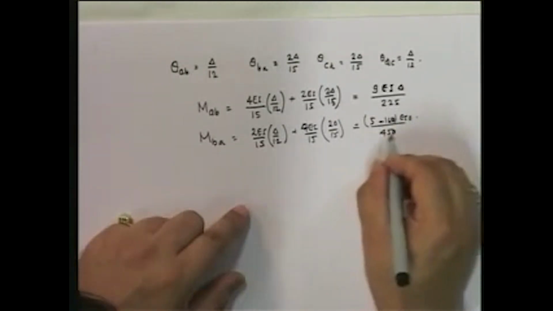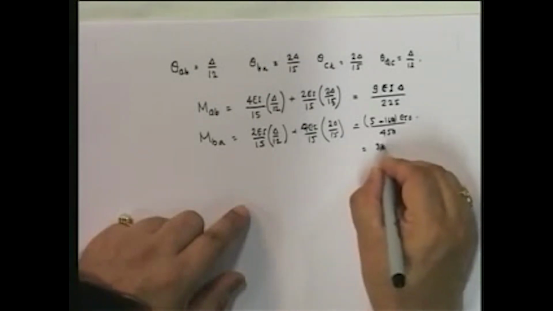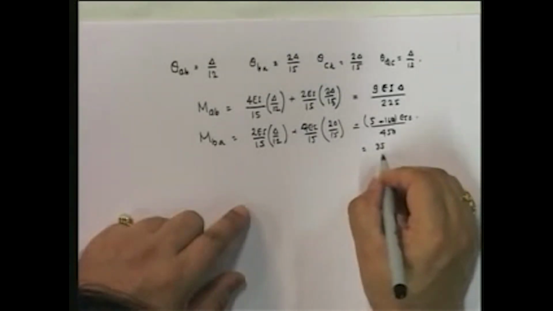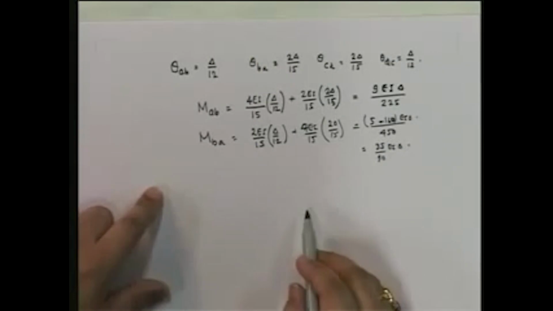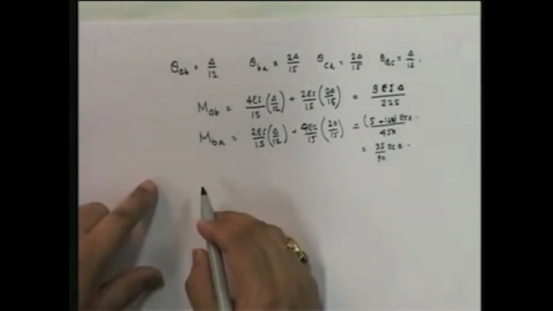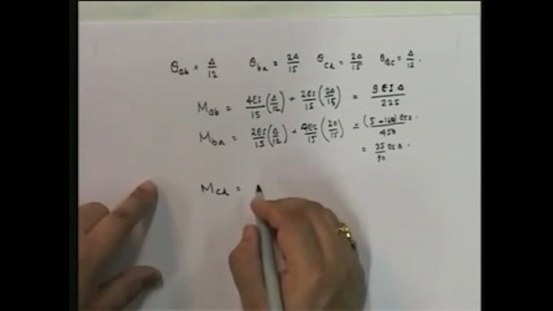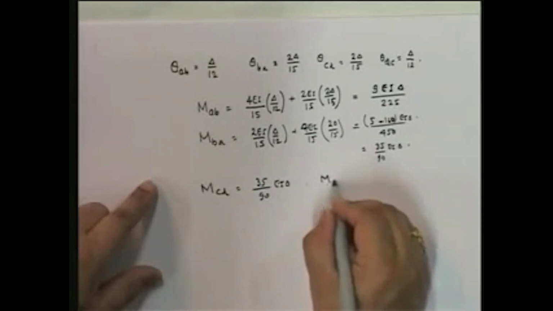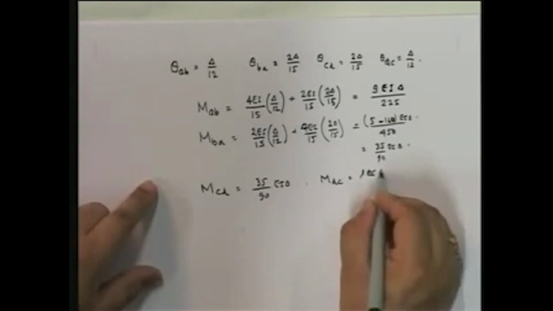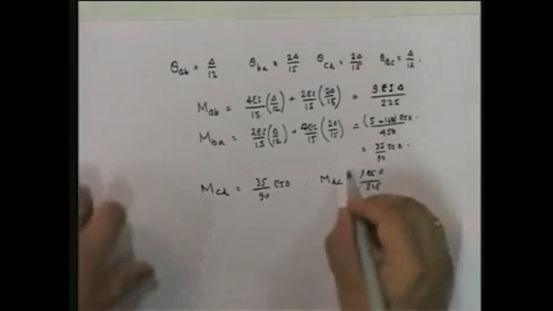Okay. So if I divide throughout by 5, I get 35 upon 90 EI delta. And in the same way I can find MCD. You will see that MCD will be equal to 35 by 90 EI delta, and MDC is going to be equal to 9 EI delta upon 225. Okay, so I have obtained these equations in terms of the delta.